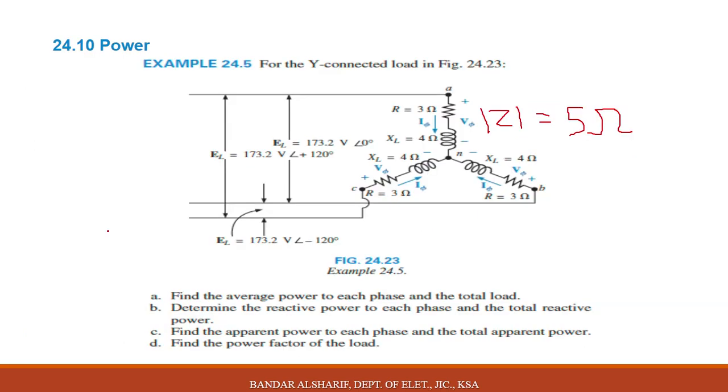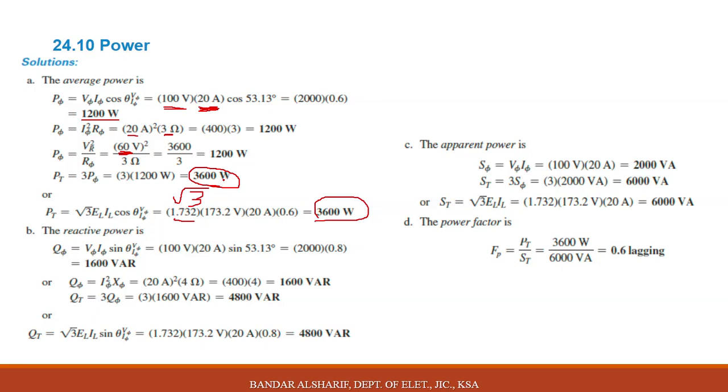Okay, we'll go to part B. Determine the reactive power to each phase and the total reactive power. Similarly, V phase, I phase, sine theta, 100 by 20 by sine, see here sine not cosine, you will get 1600.